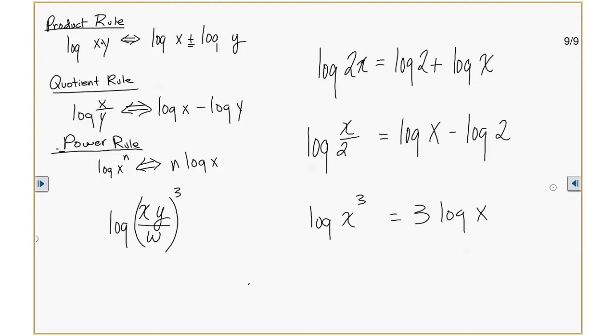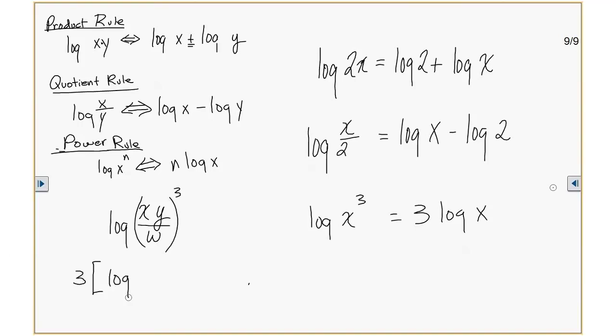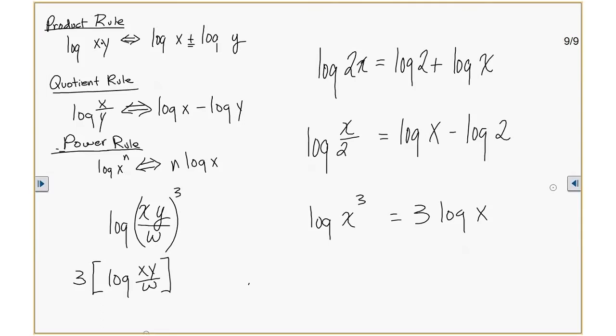What's one way you can do it? Pull the 3 out front. But if you do that, you've got to remember to put brackets around the whole thing so you can distribute that 3 or leave it out front. Because if you don't, then it's going to go with just the first term. So if you bring that 3 out front, you got to do this. And then do what's in brackets by itself.